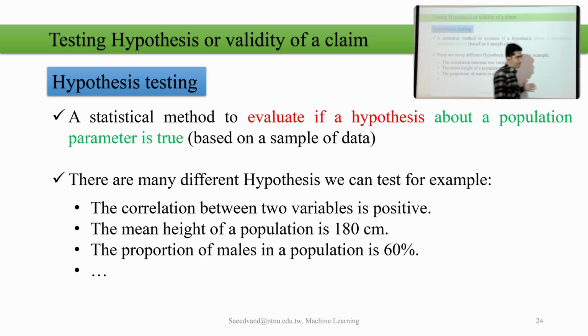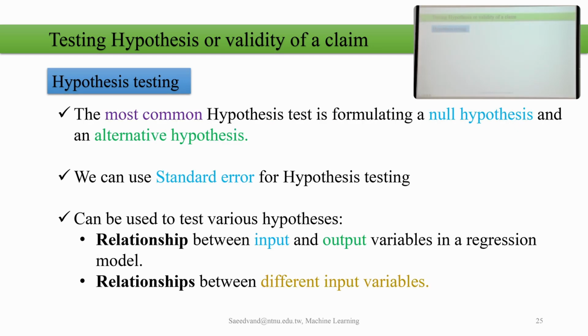But we have some standard and important hypotheses that are already defined, where we want to make sure exactly about our model. This is the definition of the hypothesis, for example, for a data set or different things. The most common are the null hypothesis and the alternative hypothesis.